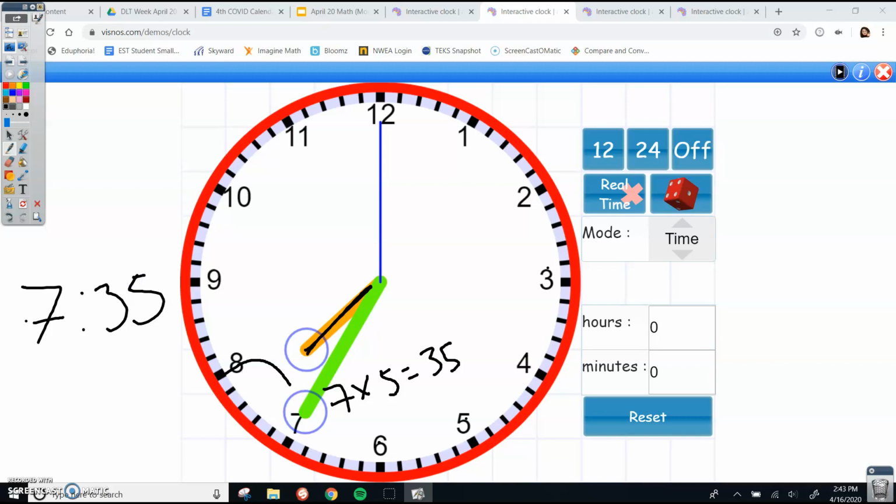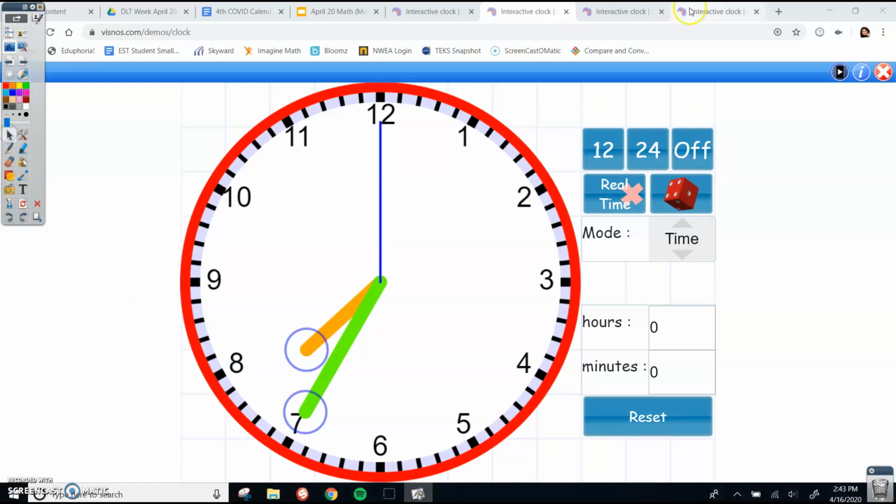This works because, remember, this was 0 minutes, 5 minutes, 10 minutes, 15 minutes, 20 minutes, and so on. Each one of these is counting by 5s, so just take the number your minute hand is pointing to and multiply it by 5 minutes. There you go.